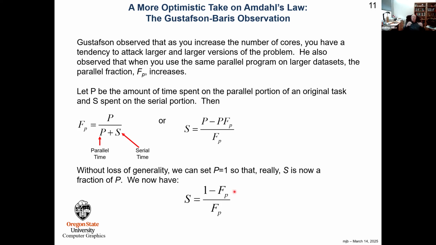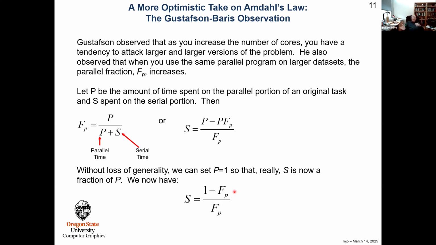It's because they're trying to run bigger problems. Okay, they want to increase the number of numbers they add up to a gazillion instead of only a billion. Or they want to break up their finite element mesh into smaller elements and solve that.